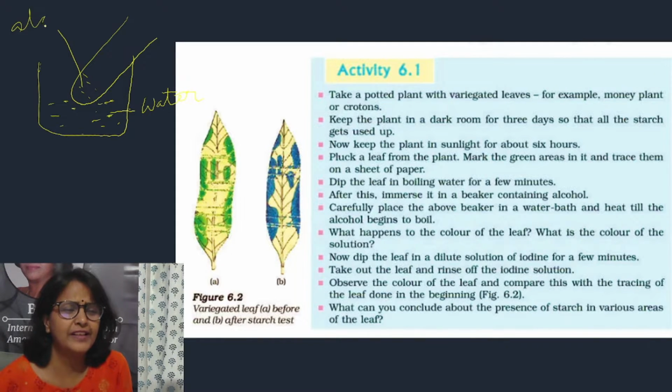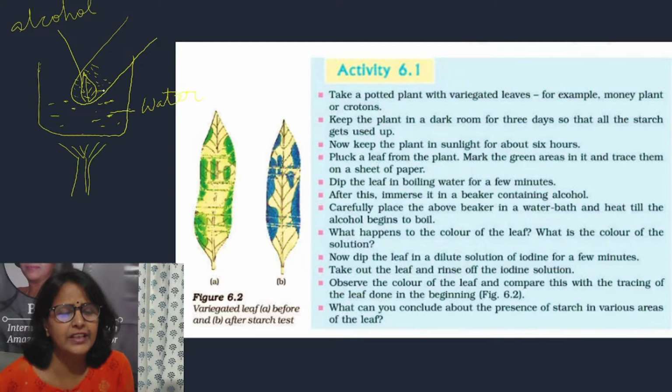Alcohol is present in this test tube. We put the leaf in this test tube and boil it. We do not directly boil the alcohol because alcohol is highly inflammable.